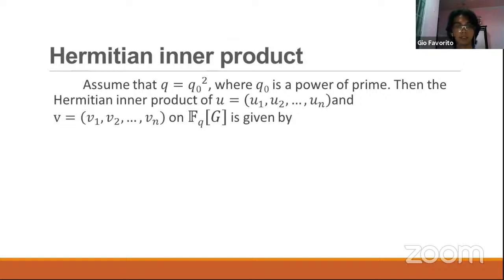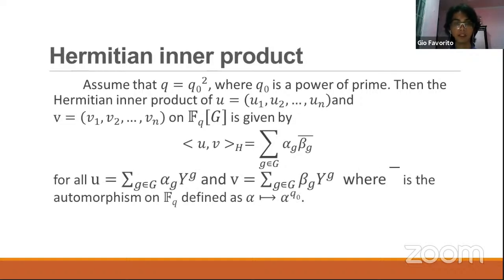and another element which is v sub 1, v sub 2 up to v sub n on our Galois field is given by ito. Yung notation natin, yung vector space uv tas yung h, yung Hermitian, is equal to the summation of alpha sub g, beta sub g, where small g is an element in our group, in our Galois field, for all u.